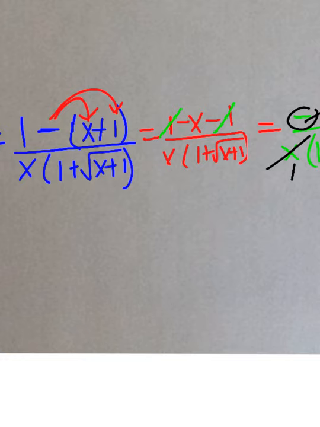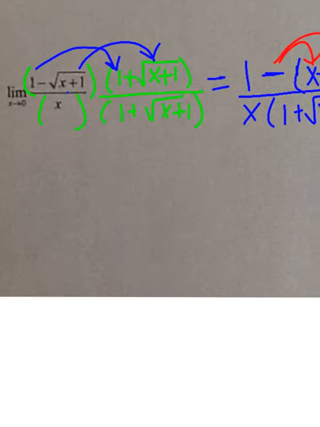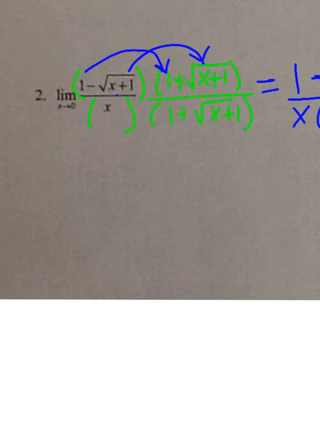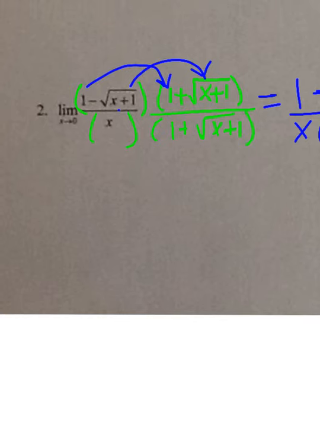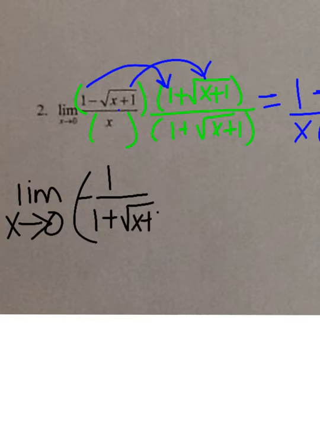So now we have to do the limit by doing direct substitution. So we have to rewrite the limit. So we have the limit as x approaches 0 of negative 1 over 1 plus the square root of x plus 1.